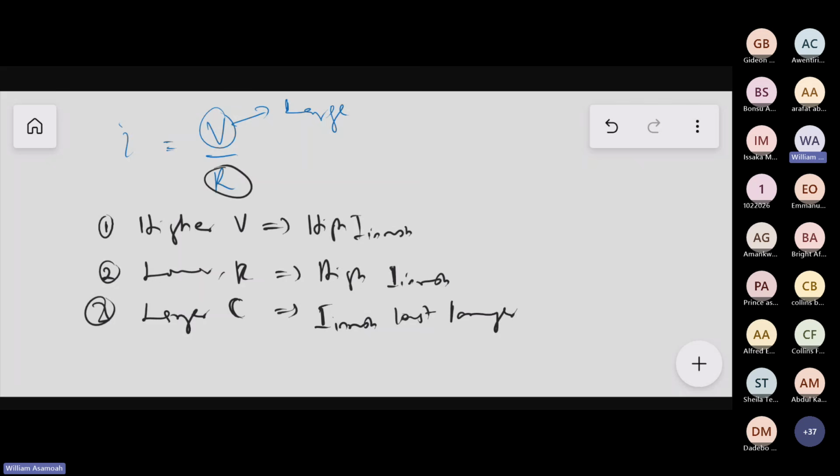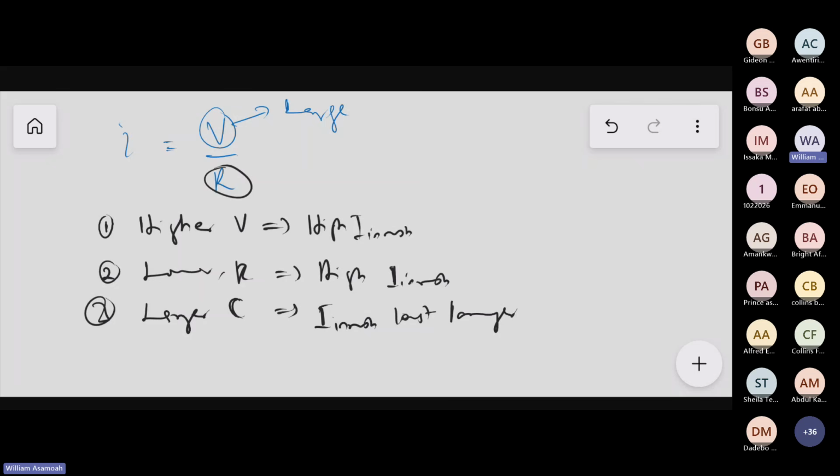Because they have capacitance, the moment you start them up, there is inrush current. So now let's link these two things up. If you have resistors and you're starting them up, there is inrush current. You have capacitors, you're starting them up, there is inrush current. So anytime you are starting any device, there is inrush current. In fact, that is why at times if you connect your charger to the socket, you can see some sparks.